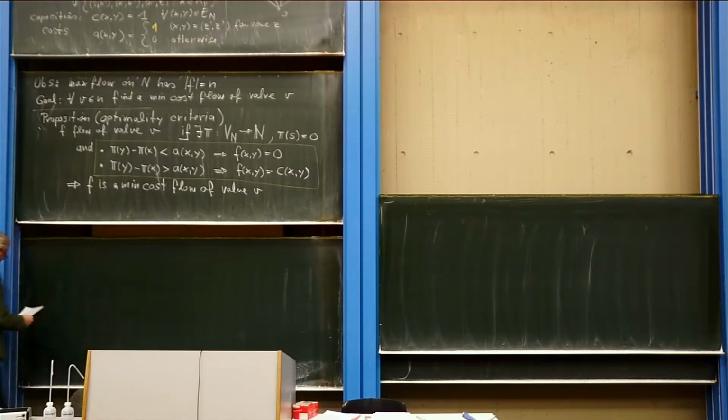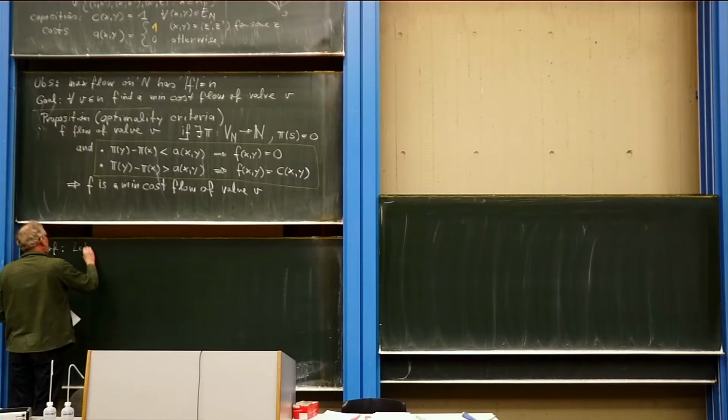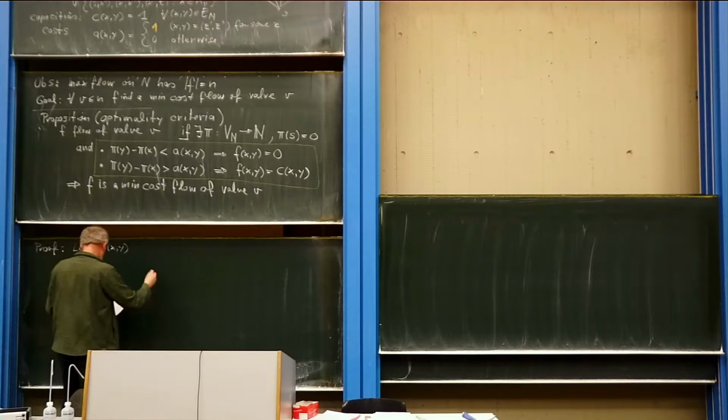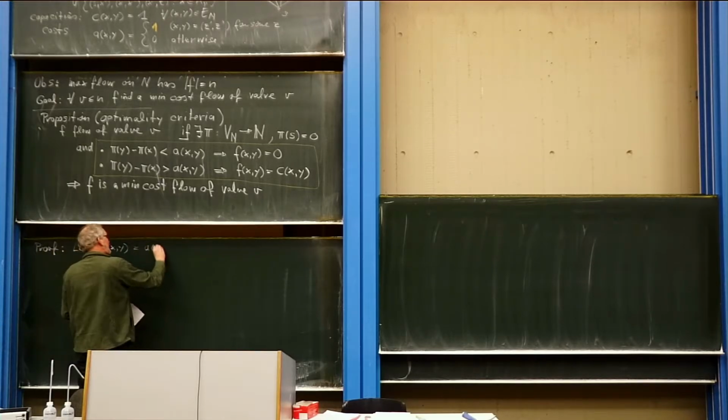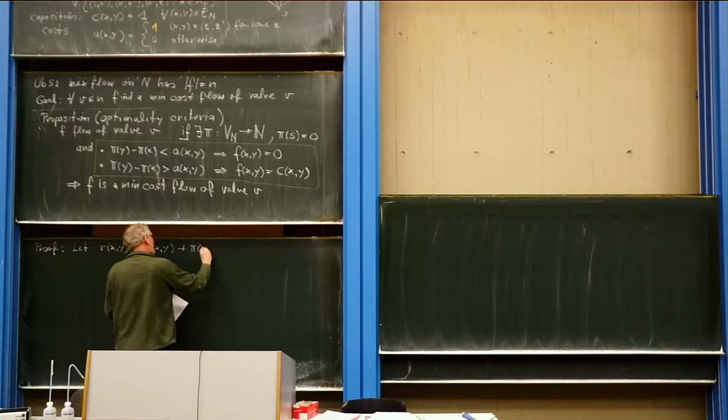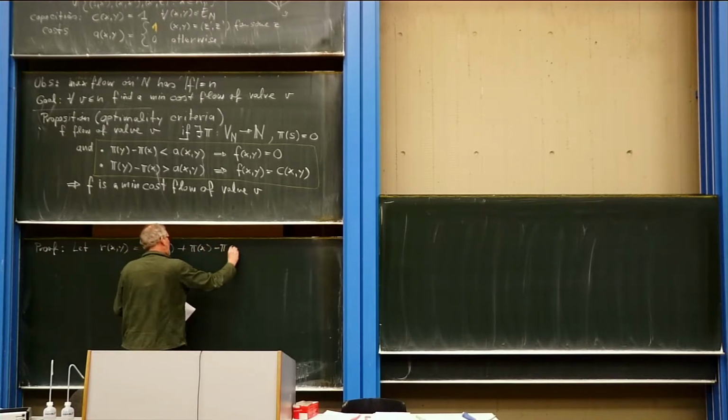So we define R_xy to be A_xy plus pi of x minus pi of y.